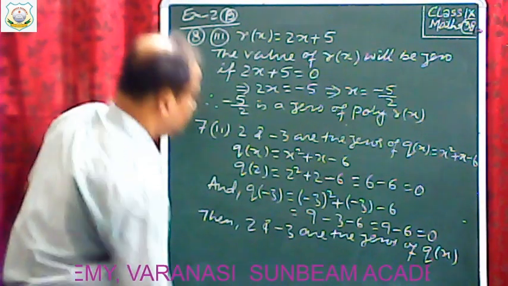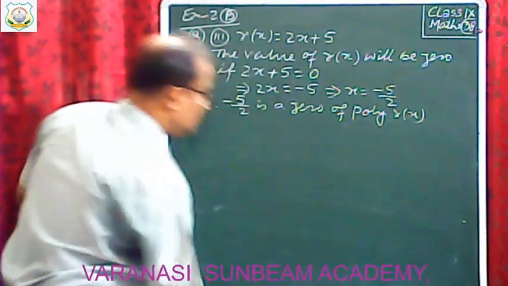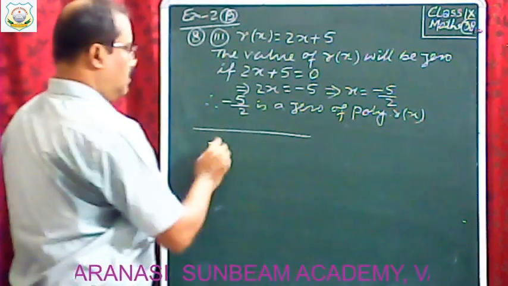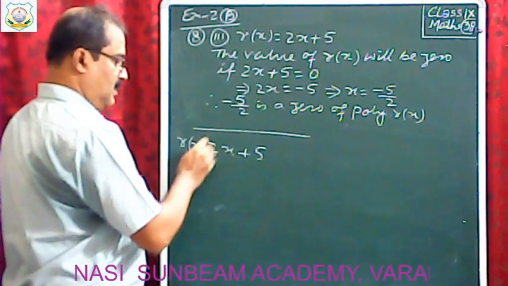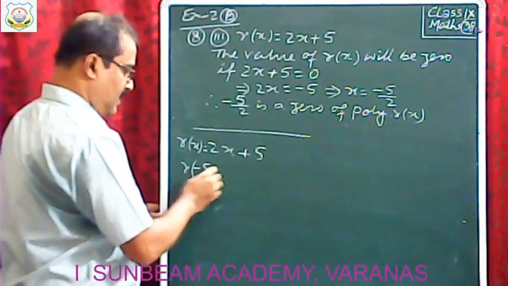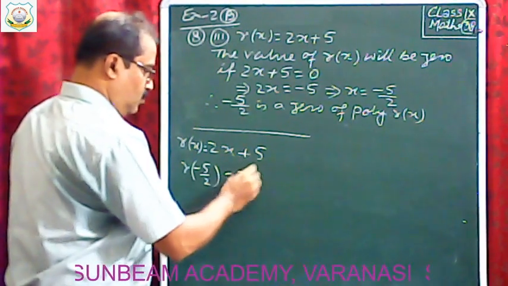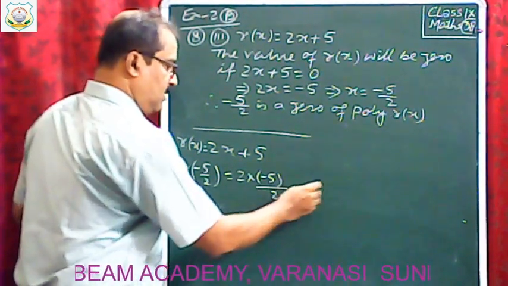You can check whether your answer is correct or not. How to check? By using 2x plus 5, the given polynomial R(x). In place of x you put minus 5 by 2. So 2 into minus 5 by 2 plus 5.